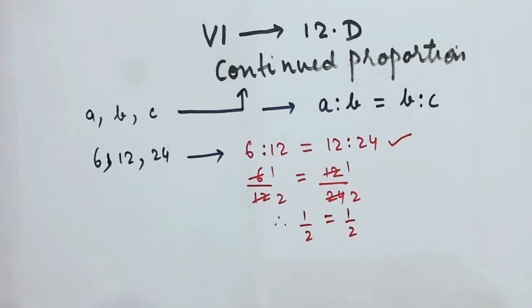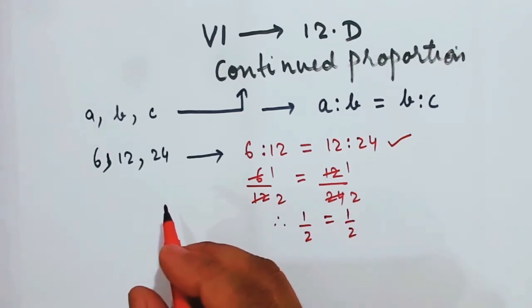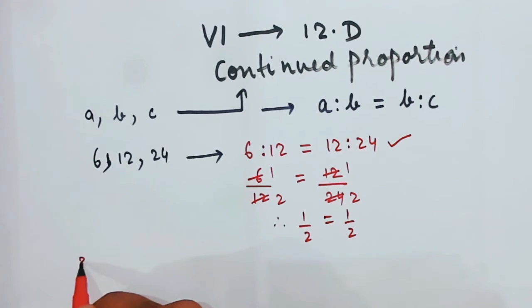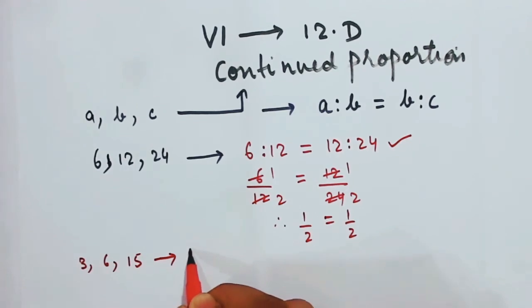Okay. Now, which of these following numbers are in continued proportion? Let me give you one more example, like 3, 6 and 15. You are being asked, are these three numbers in continued proportion?